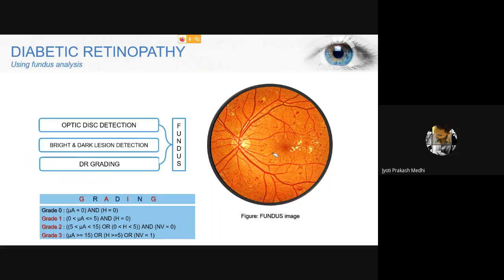Similarly, in order to identify macular edema, we have to localize the regions by taking the optic disc diameter. So these uses make the optic disc detection very much essential.